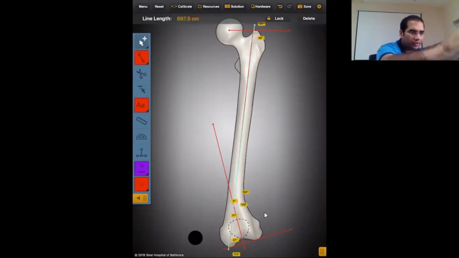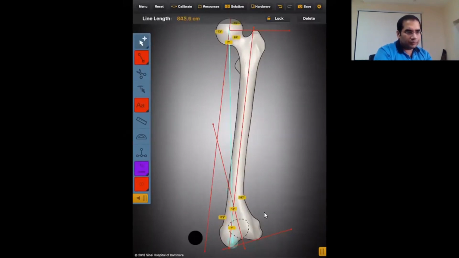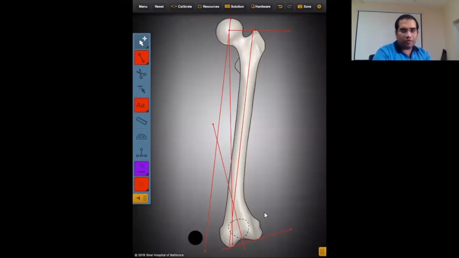Here I've drawn a parallel line. Okay, then a 7-degree line. This has given me the location of the deformity, which is more or less coinciding with the visible deformity.